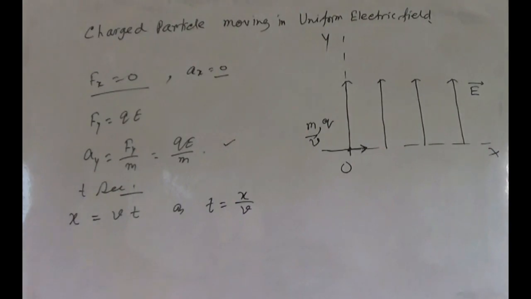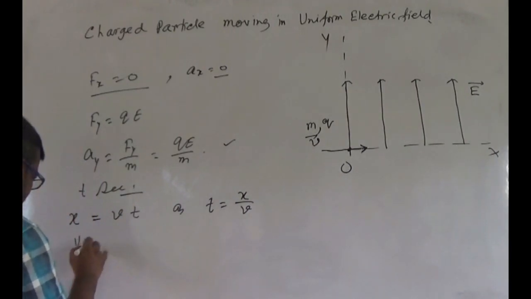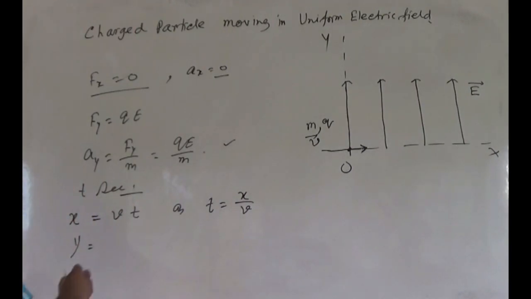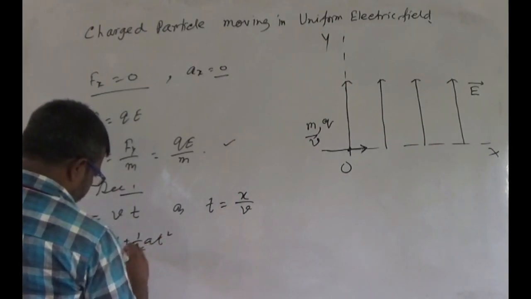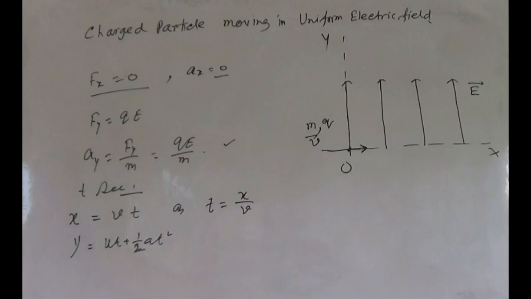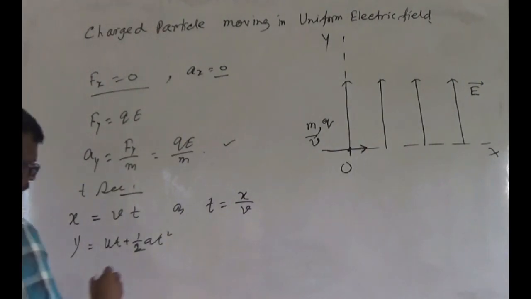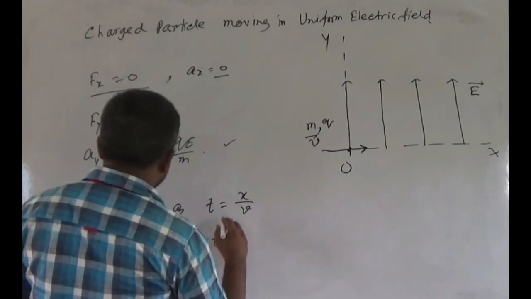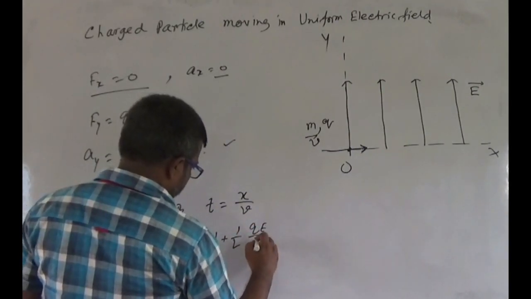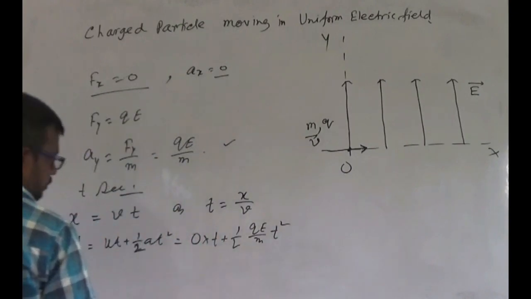But if in time interval t the displacement along y direction is y, then y can be written as ut plus half at square. But u, which is the initial velocity along y direction, is 0. So therefore you can write 0 into t plus half a, where a is qE by m, into t square.